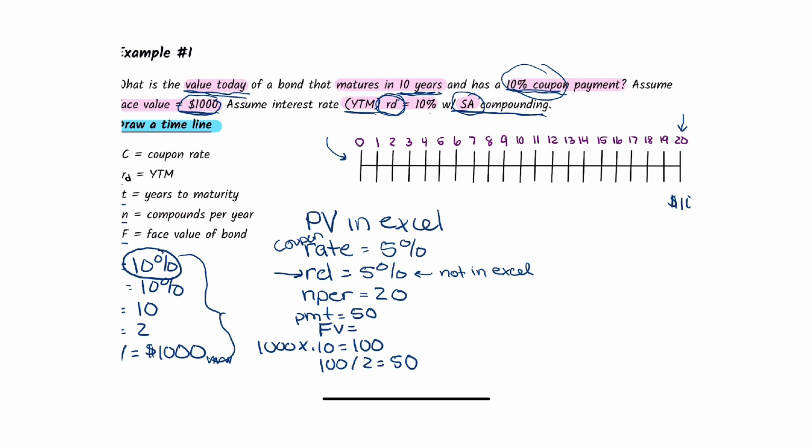And then you will also see the FV, the future value in the present value function, and you're going to put that in as what you're going to get at the end of maturity. And at the end of maturity, we're getting the face value, which is $1,000.